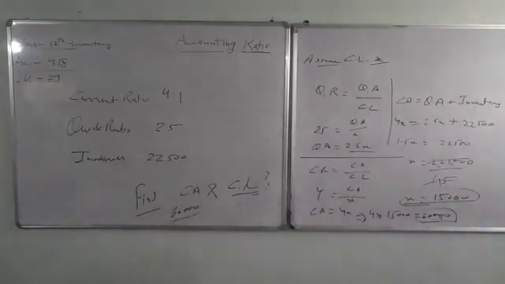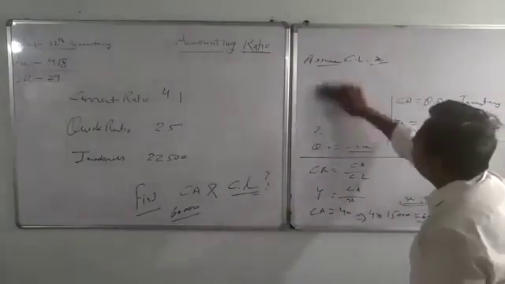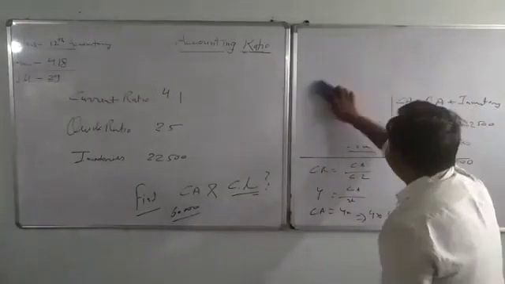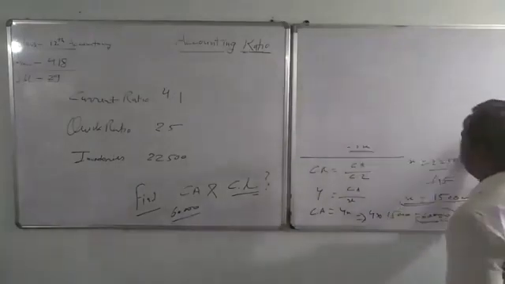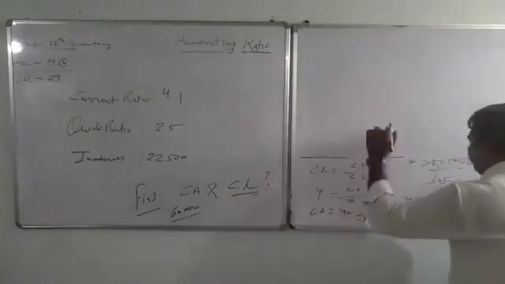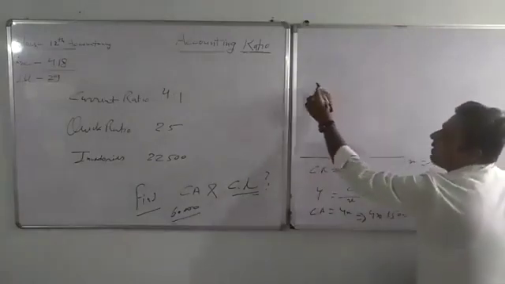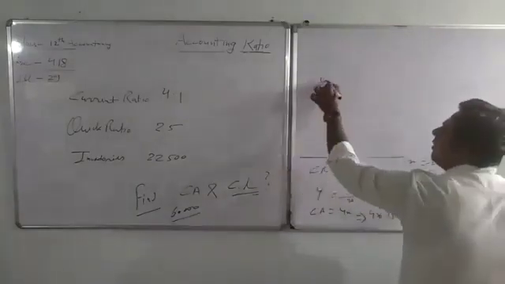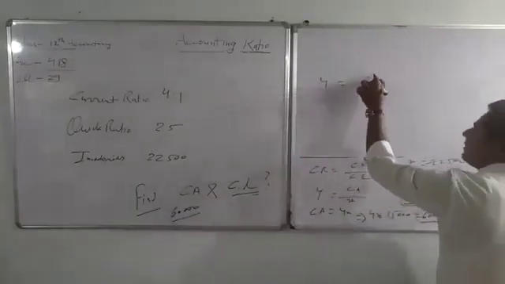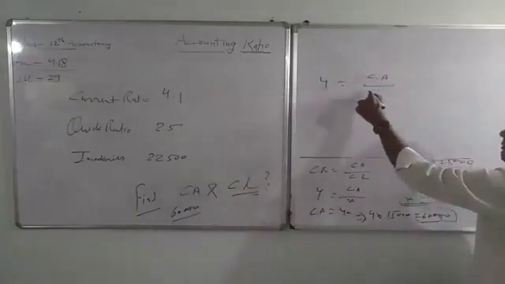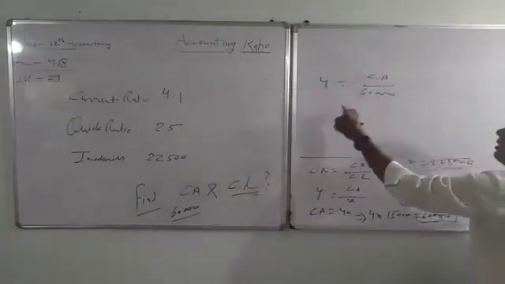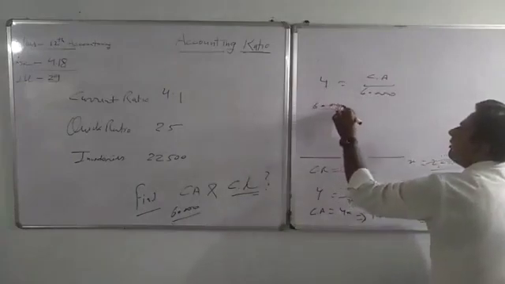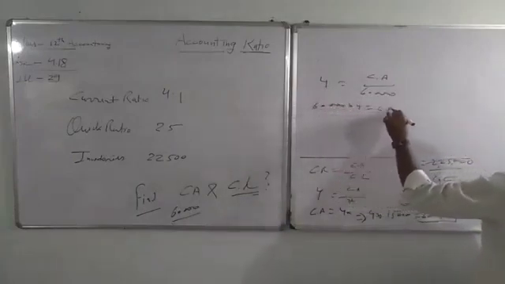Current liability. How to find the current liability now? Very simple. You have the current asset. I am doing it here. Current ratio is 4. Current asset we have to find out. Current liability we have 60,000. So 60,000 multiply 4 is equal to current asset.